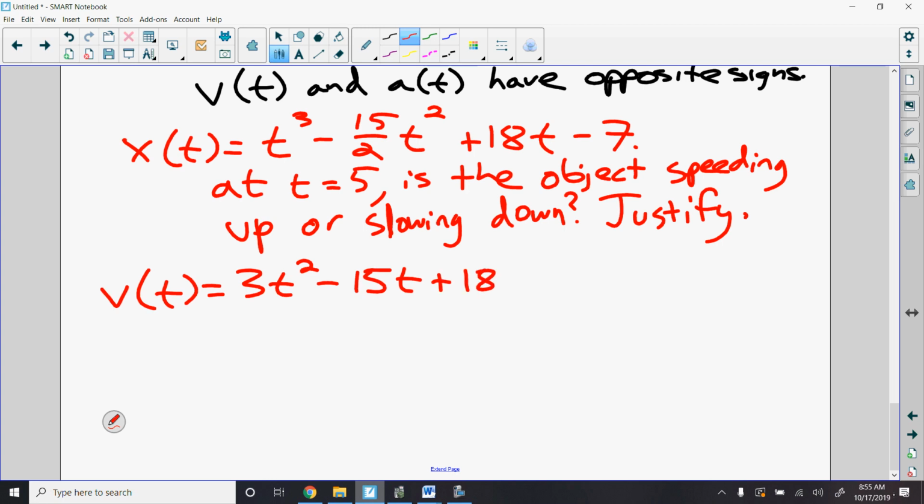And right away, just so I don't forget, I'm also going to get my acceleration equation over here. a of t, I'm just going to do another derivative, and I'm going to get 6t minus 15. So now I just have to figure out v of 5 and a of 5.